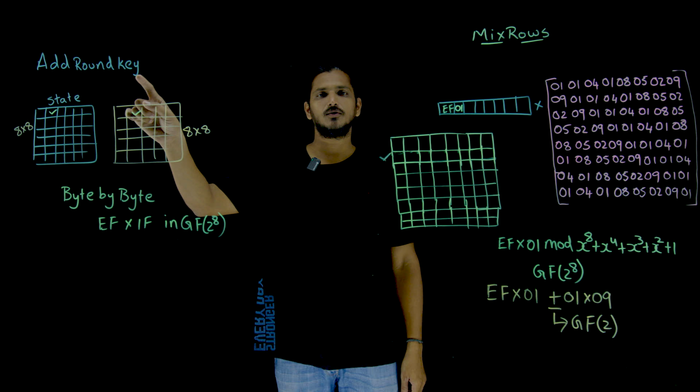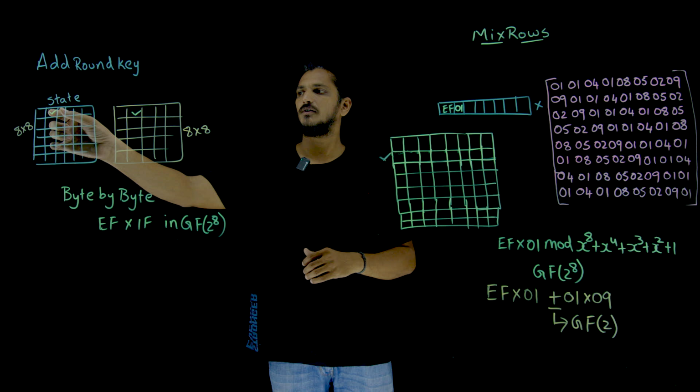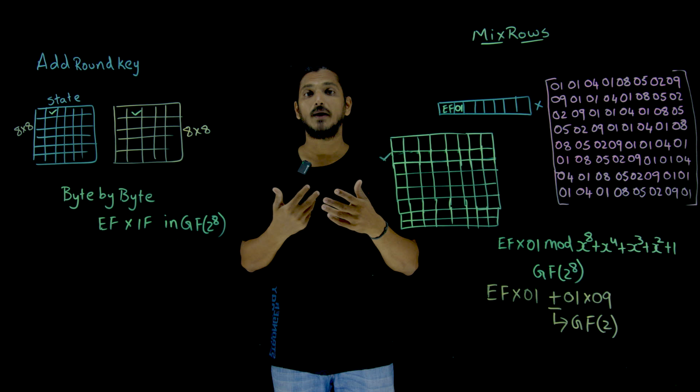Here add round key is done byte by byte. Assume the 0th row, first column: take this byte from the state, which we got from mix rows, and this byte from the key. Both are 8 by 8, 512 bits. Take this byte and this byte. These two are combined using GF of 2 power 8 multiplication.